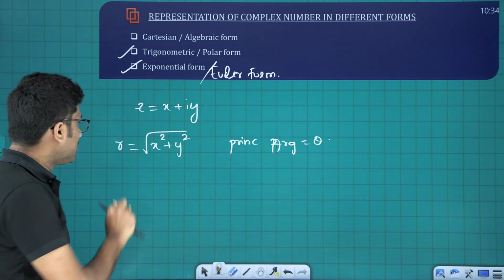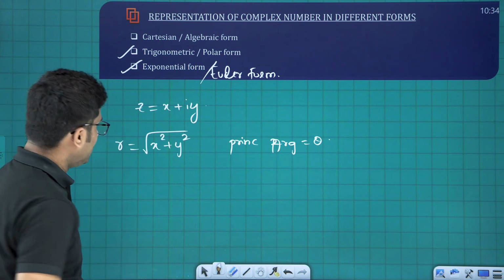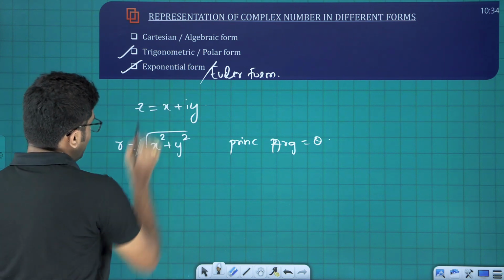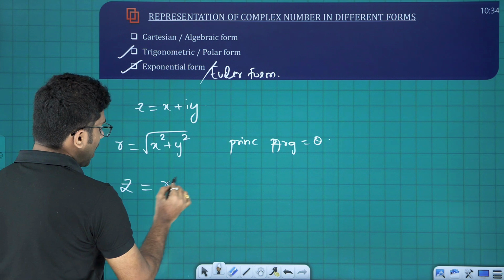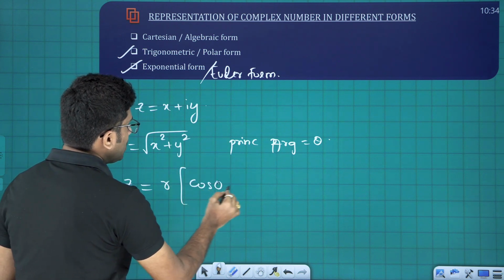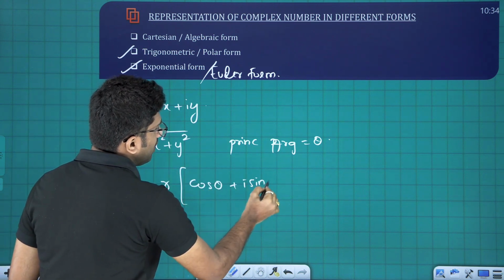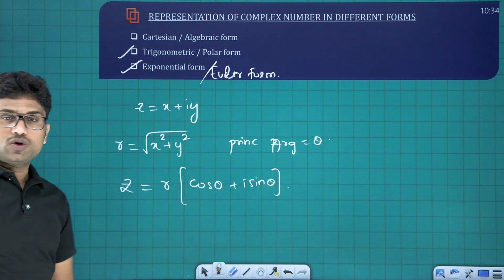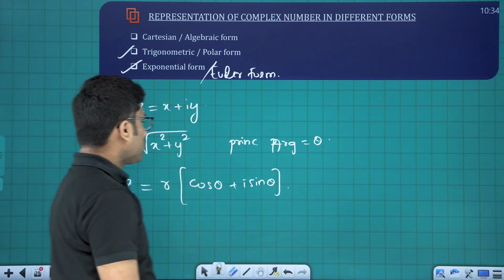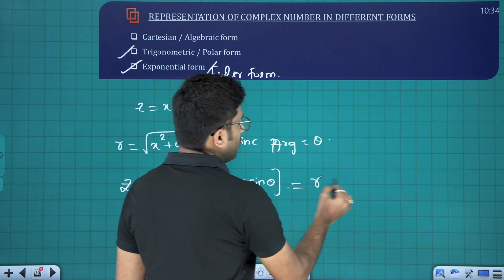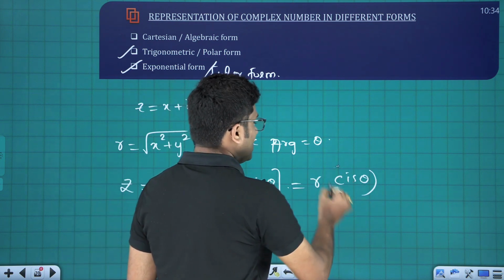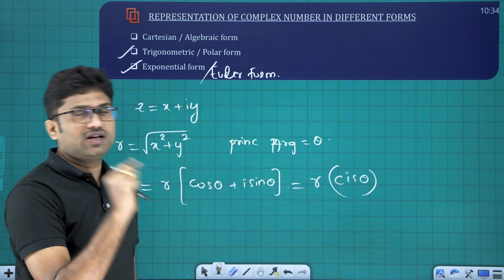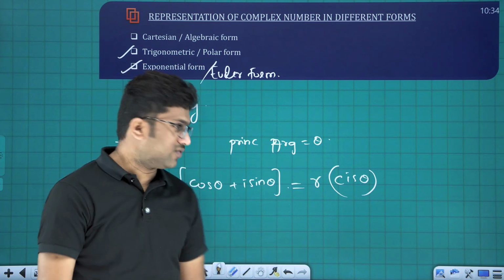If theta is the principal argument and r is the modulus of z, then the same z equals r into cos theta plus i sin theta. This form is called trigonometric or polar form, friends. We also write it as r cis theta, where cos theta plus i sin theta is written in the short form cis theta.